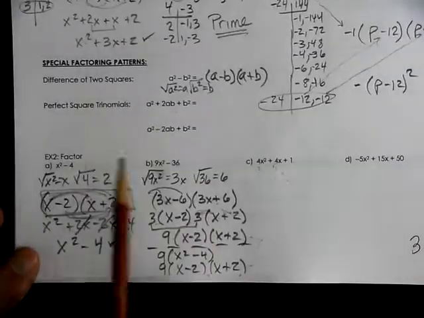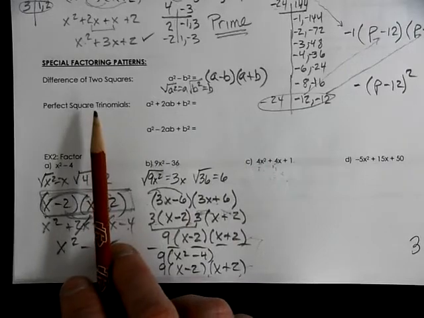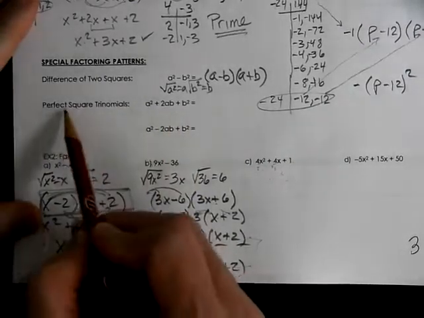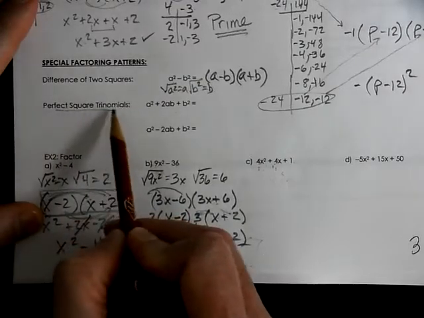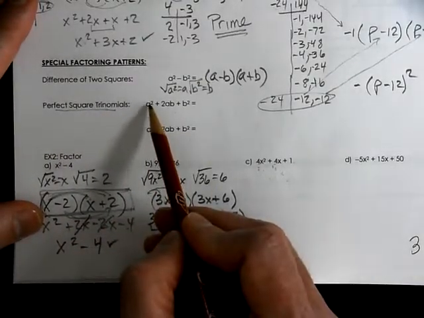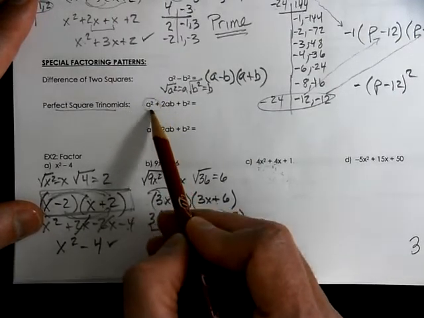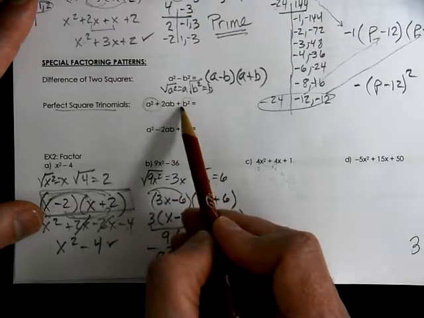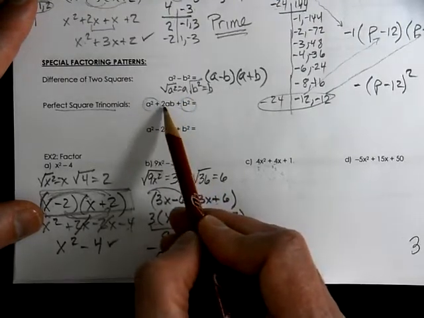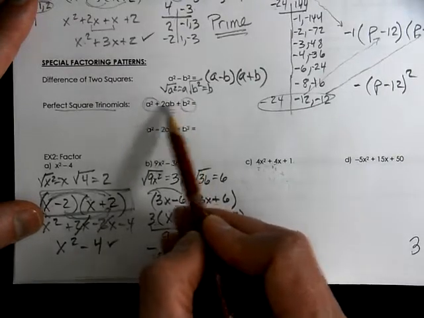So let's look at another shortcut method that might work for this. Here, we're looking at what's called a perfect square trinomial. We need a term that is squared, another term that is squared, and the middle term has to be 2 times those two multiplied to each other.